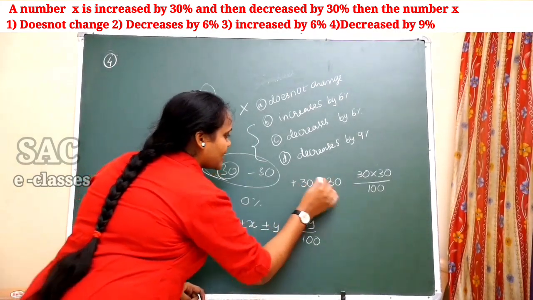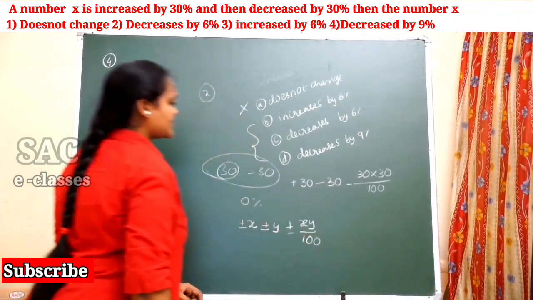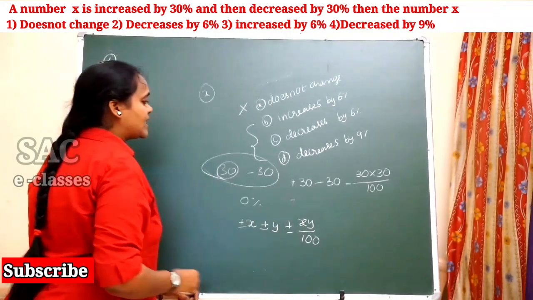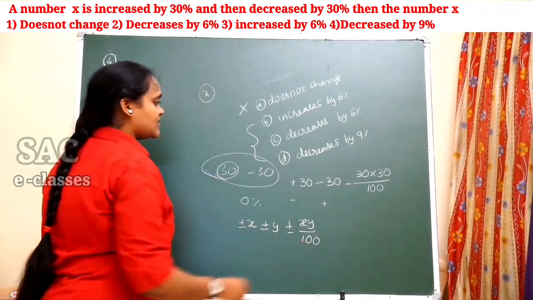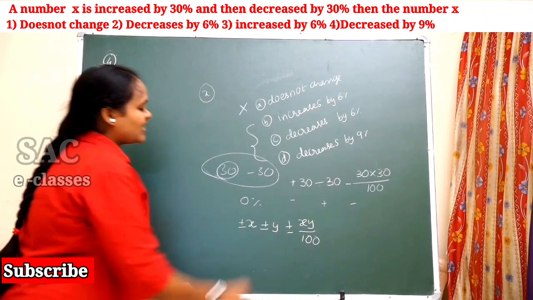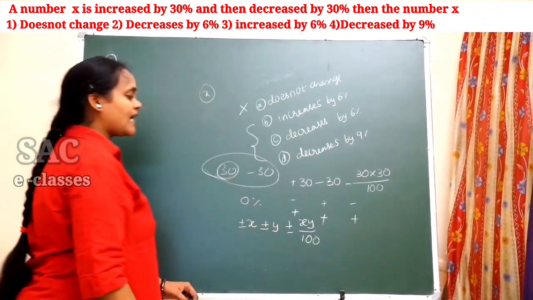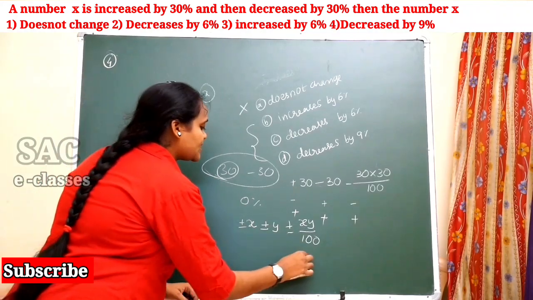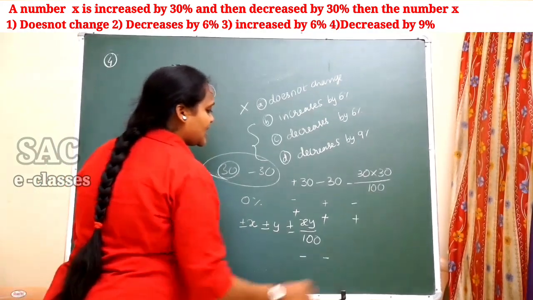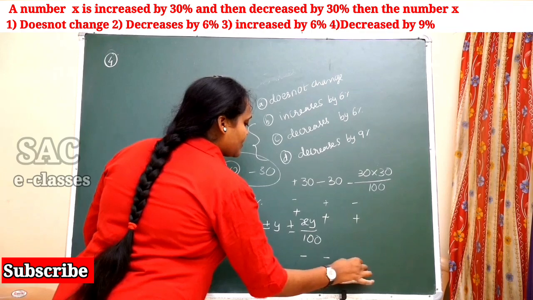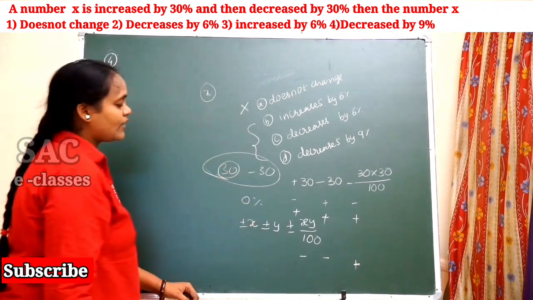But think about what sign we will get. Plus and minus. Plus into minus is minus. Maybe first one is decrease, next one is increase, even though minus. First one increase, next also increase, then change is again increase. First one is decrease, next one is decrease, then the third resultant value is plus. I hope you are getting.